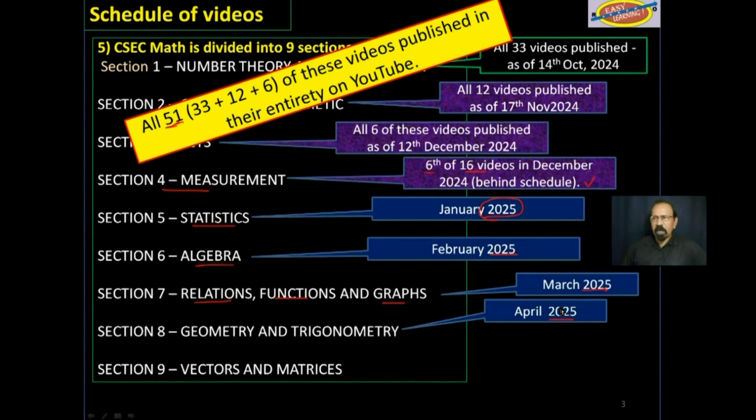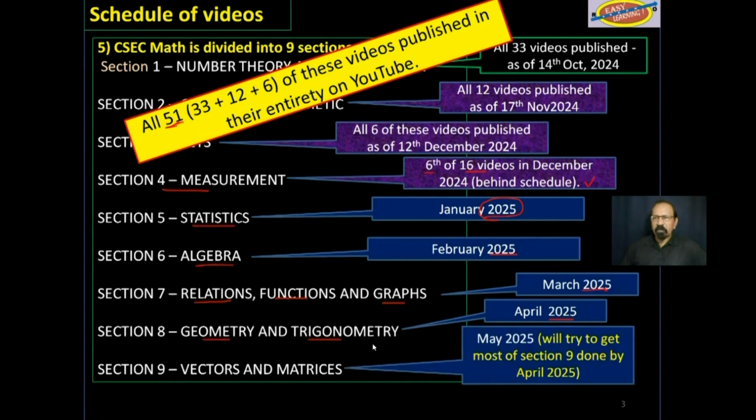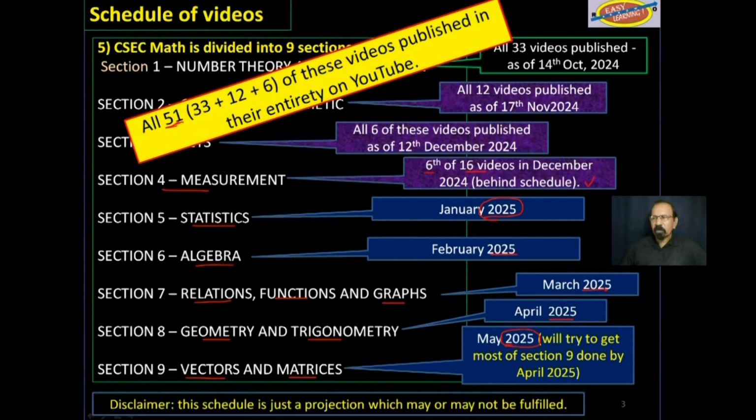April 2025, geometry and trigonometry. And finally, by May 2025, hopefully, vectors and matrices. Please note this disclaimer. The schedule is just a projection which may or may not be fulfilled.